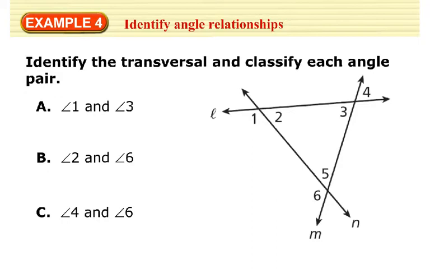Okay, so let's do this. If we look at angle 1 and angle 3, if we treat line L as the transversal, just think for a minute, what are angle 3 and 1 to each other?